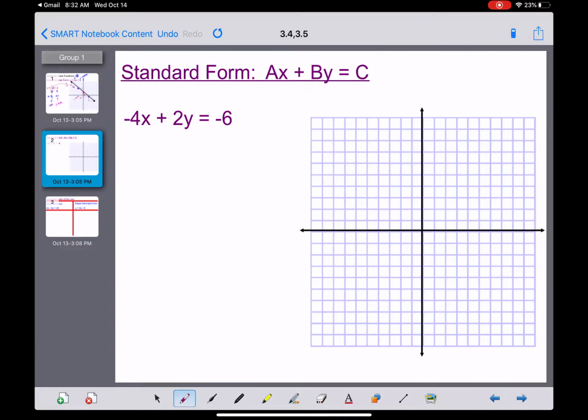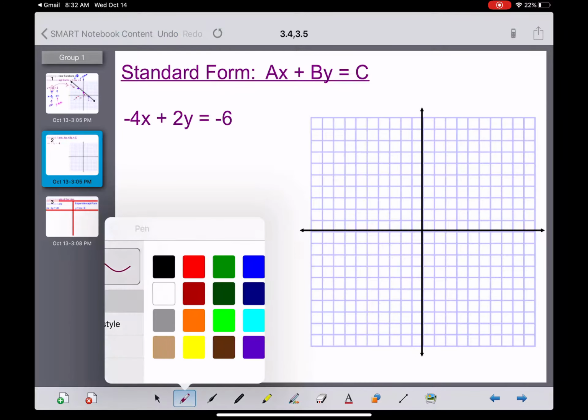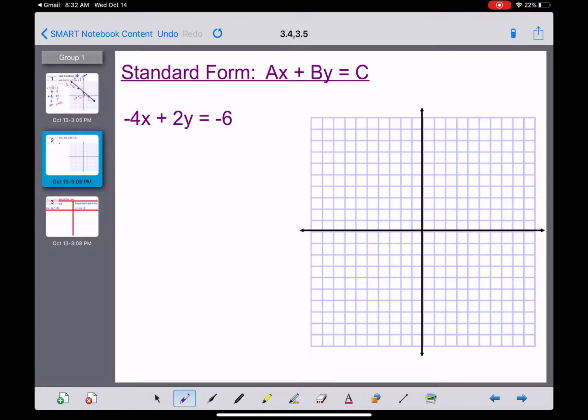So what if a line's in standard form, not in slope-intercept form? We did literal equations where we solved to get a variable by itself. It's the same idea. We want to get the variable y completely isolated. We're going to make this line into slope-intercept form and graph just how we did before.